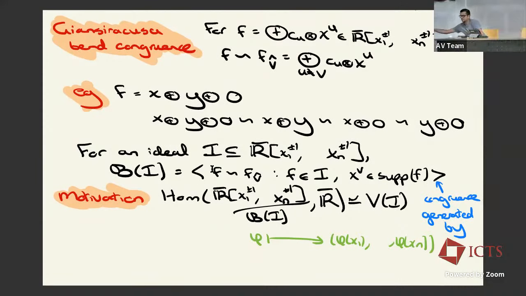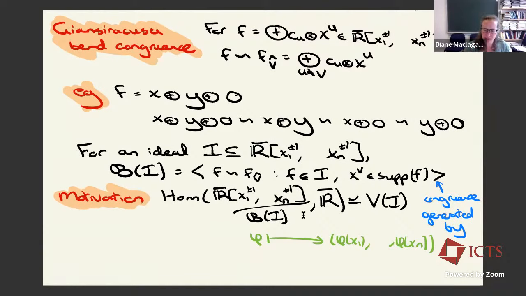The key idea here, and this is the motivation, is that what we're setting equal are polynomials that agree on the variety. They're different as functions, but they agree as functions on the tropical variety. That is because if the minimum is achieved at least twice and you remove one of the terms, you get the same minimum value.